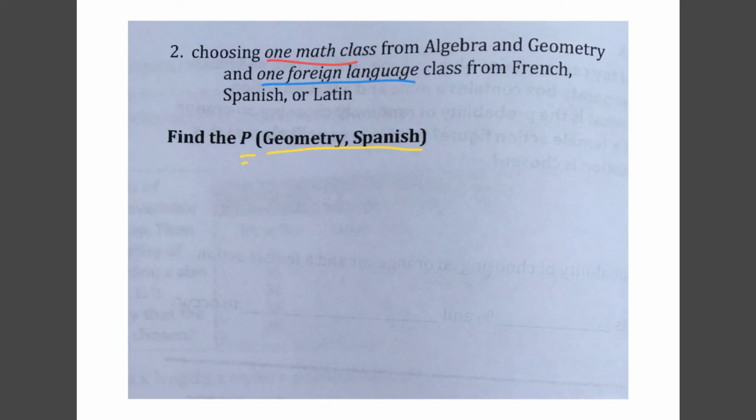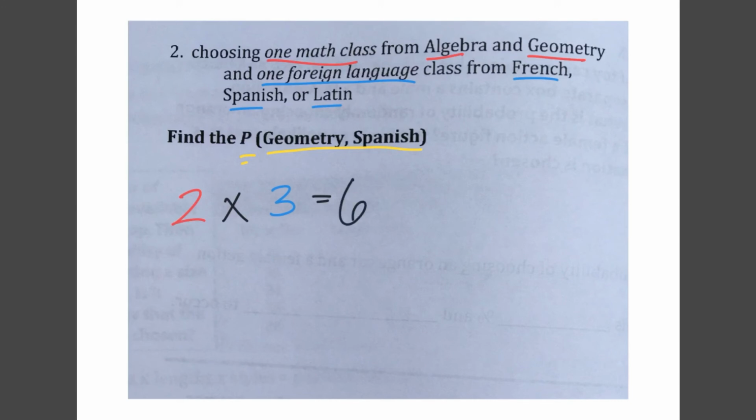So looking at the first one, we have algebra and geometry. So the two choices, we're going to multiply that, if you haven't done already, by our 3 language choices to get our number of outcomes, which is 6.